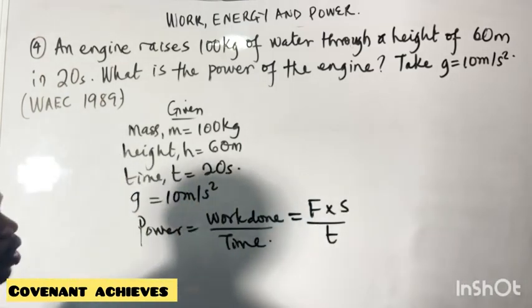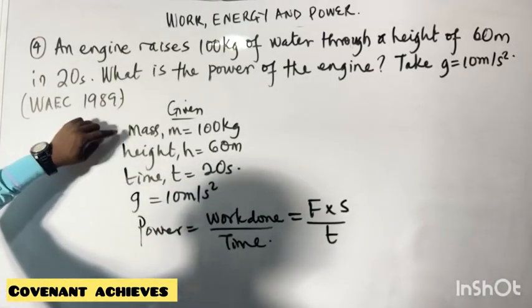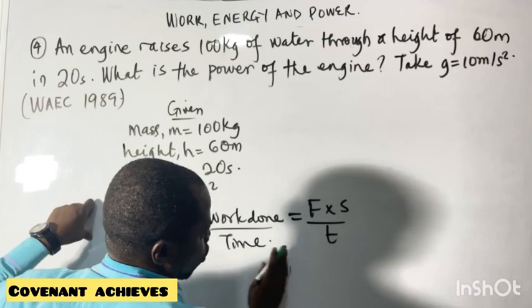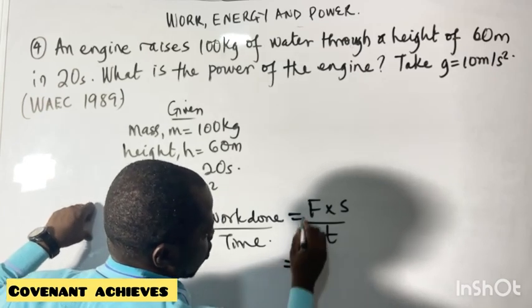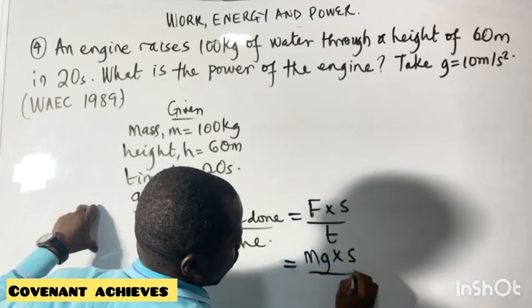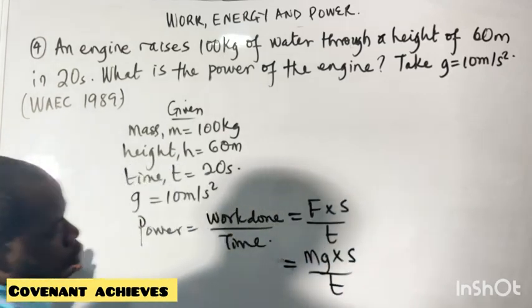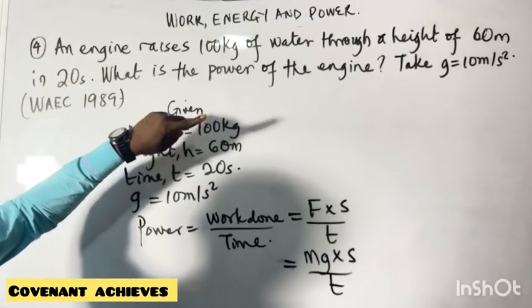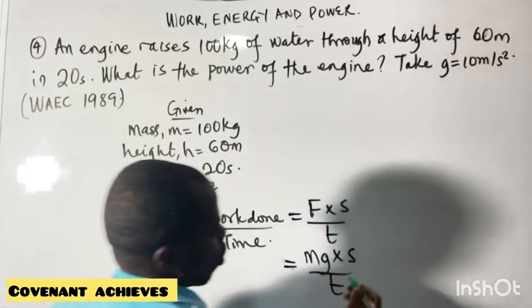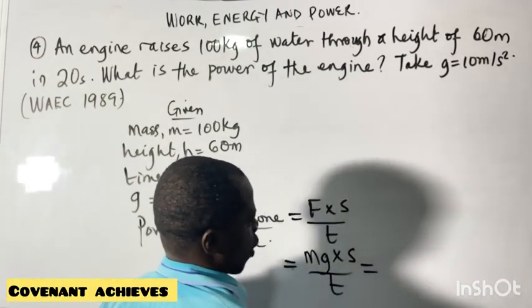So what are the parameters that we have been given? We know that force is also equal to mass times acceleration due to gravity. That's mg times x divided by what? Time. So we could see we have the mass, acceleration due to gravity is given, we have the distance, and we have the time.